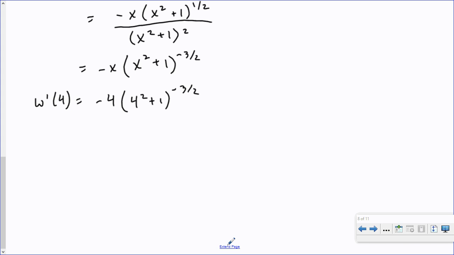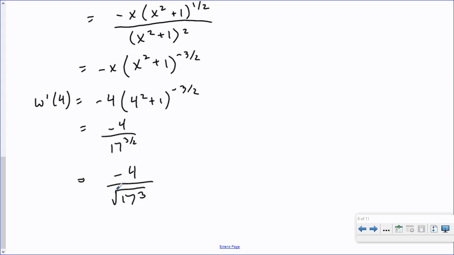So I've got negative 4 over the, okay, 17. 4 squared plus 1 is 17, raised to the 3/2 power. So that's a negative 4 over the square root of 17 to the power of 3. Again, that's a tough one, and you'll practice some of those in the homework questions.